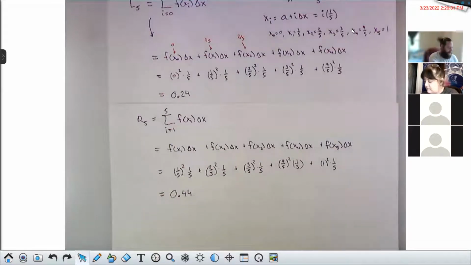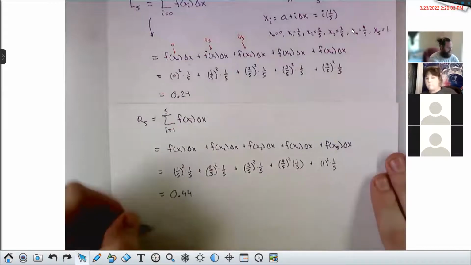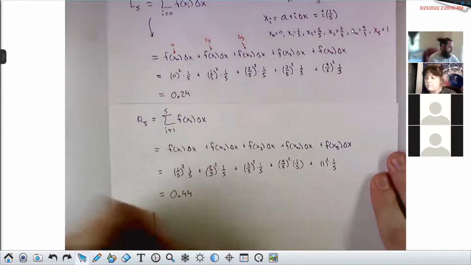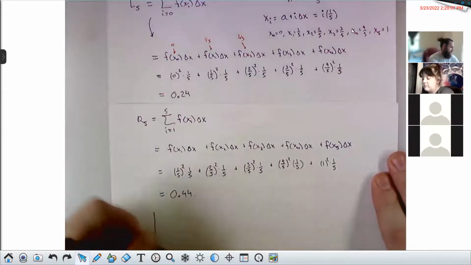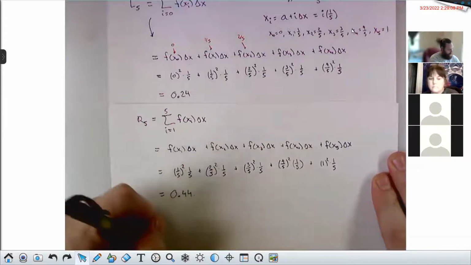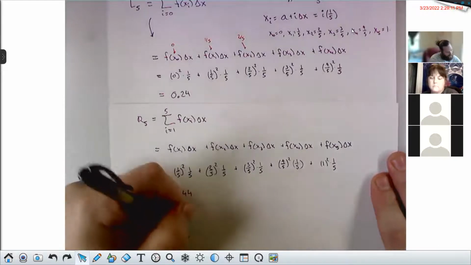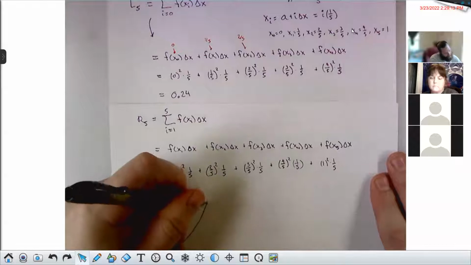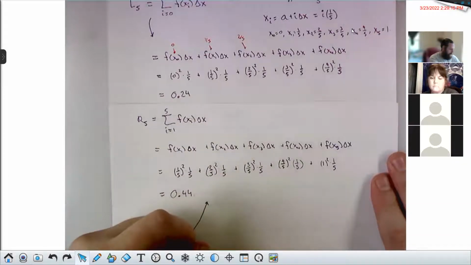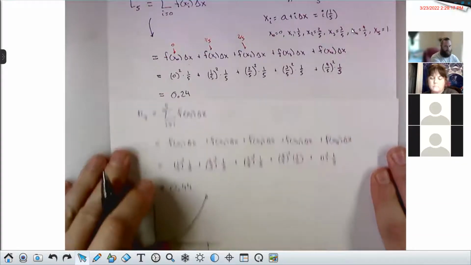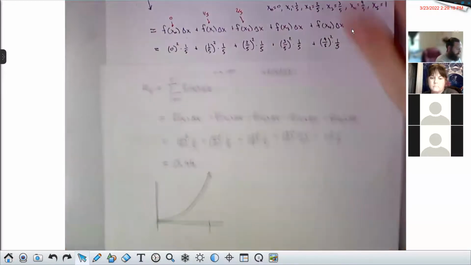So the two pictures that came with this. Sketch something rough and quick here. Here's x squared from 0 to 1.